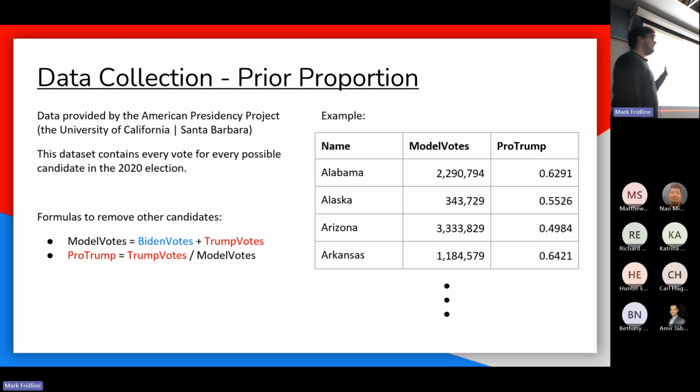In order to get rid of those people as options and to make our data binary, I use these formulas. Model votes equals Biden votes plus Trump votes. So in Alabama, that many people voted for either Biden or Trump. And then in order to find the proportion of Trump voters, I just took the number of Trump votes and divided it by the model votes.